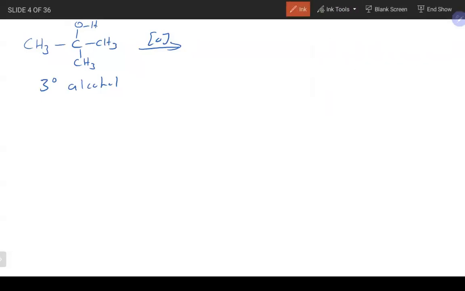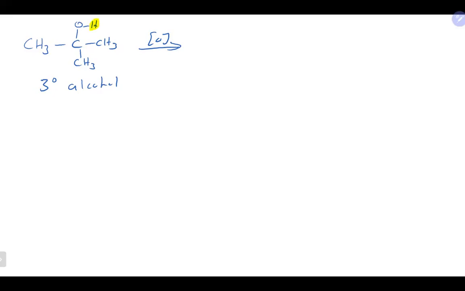Now, if we have a tertiary alcohol such as this guy, and it goes through an oxidation reaction, once again, we're going to look for our hydrogens here. So we have our hydrogen here, but now when we come to this carbon, is there any hydrogen?